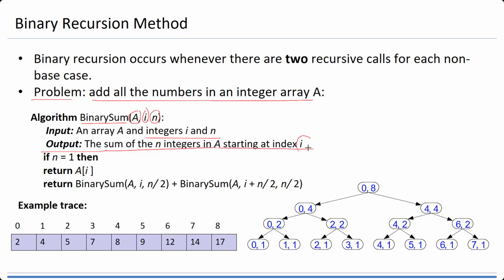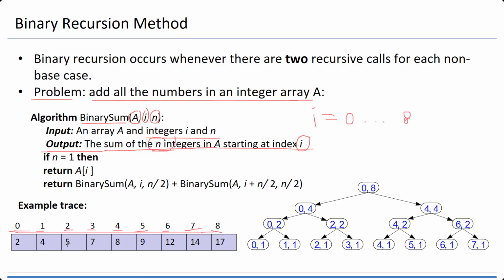So the index can be any number I. If we have, for example, this one, 0, 1, 2, 3, 4, 5, 6, 7, 8, it means the index can be from 0 until 8. It can be any number from 0 until 8. What about the N? N is the number of integers that you want to sum.